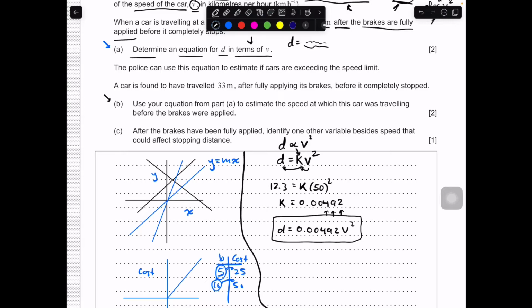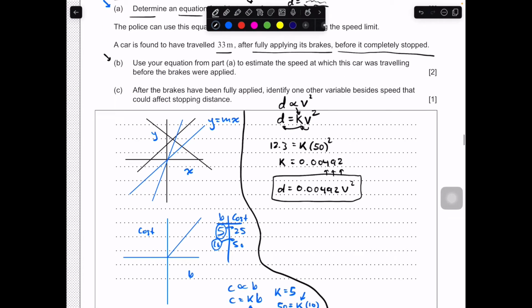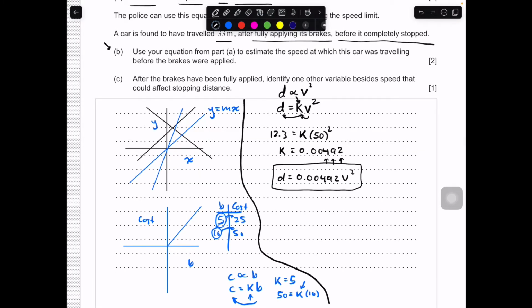Sorry, let's read this. The police can use this equation to estimate if cars are exceeding the speed limit. A car is found to have traveled 33 meters after fully applying the brakes before it comes to a complete stop. Use your equation from part A to estimate the speed at which the car was traveling before the brakes were applied. So let's see. For part B, the distance that this car traveled was 33 meters.